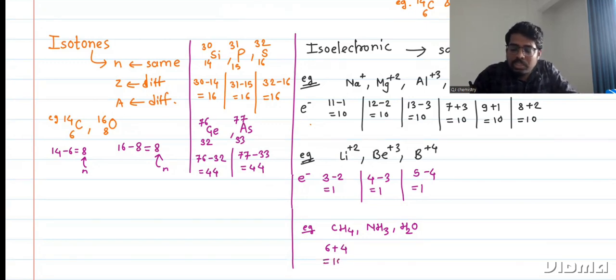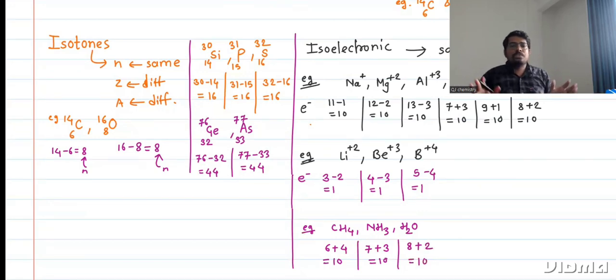So number of electrons in one methane molecule is 10. Similarly, NH3: nitrogen atomic number is 7, plus each hydrogen atom consists of 1 electron, so 3 into 1 is 3. Total 10 electrons. Similarly, in water, oxygen has 8 electrons and two hydrogen atoms have 2 electrons, so total number of electrons in one molecule of water is 10.